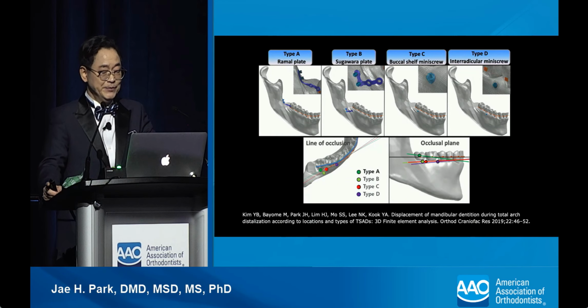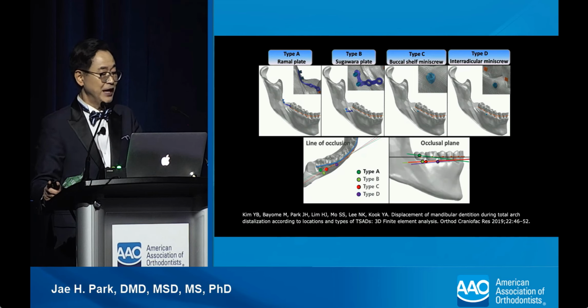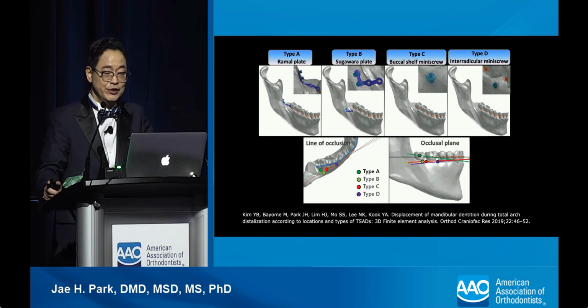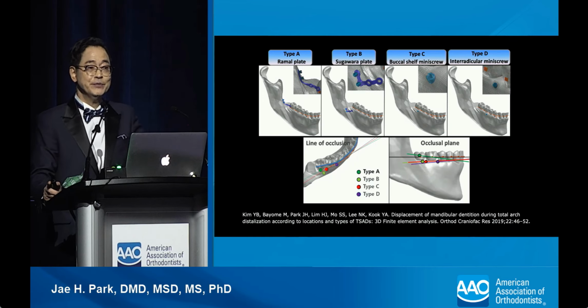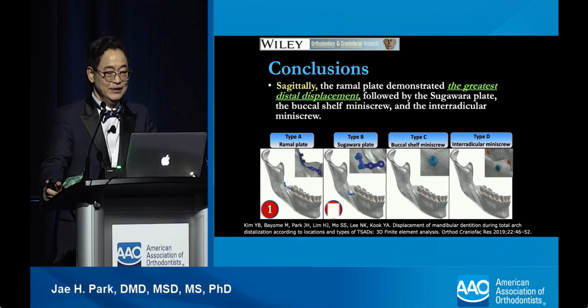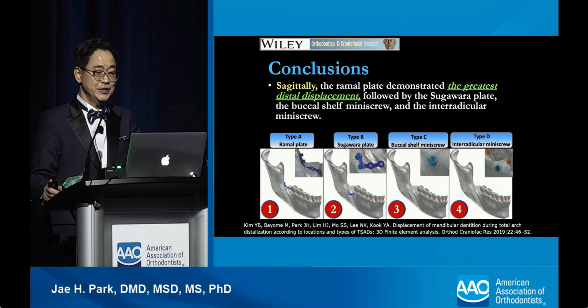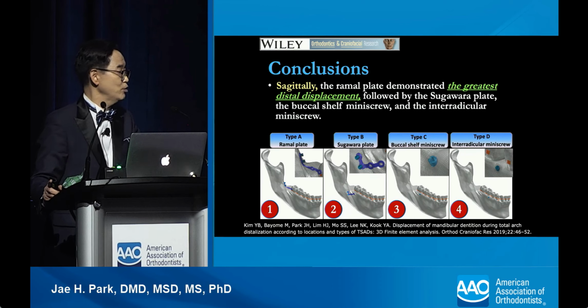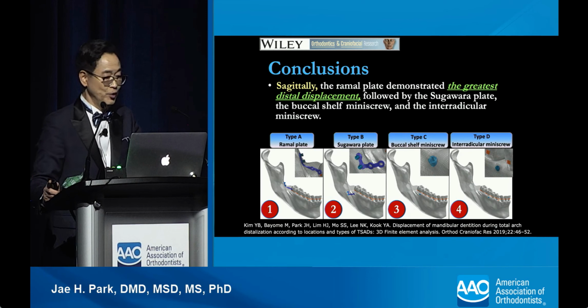In this finite element study, we wanted to evaluate the biomechanical effects of different types of TADs in total arch distalization of the mandible. Type A is L plate, type B is Swallow plate, type C is buccal shelf miniscrew, and type D is intraradicular miniscrew. Respectively, the L plate demonstrated the greatest distal displacement, followed by Swallow plate, buccal shelf miniscrew, and intraradicular miniscrew.